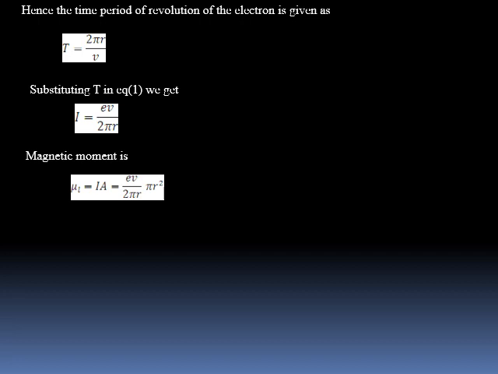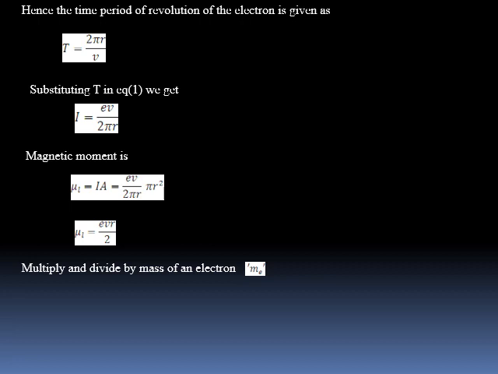Area of a circle, since electron is revolving in a circular path, area of a circle is given as pi r square. So what will cancel? Pi will cancel. One of the r's in the numerator will remain, the other will cancel. So you have magnetic moment is equal to evr divided by 2. To this equation, we will multiply and divide by mass of an electron.